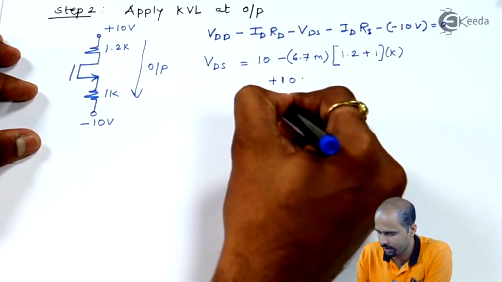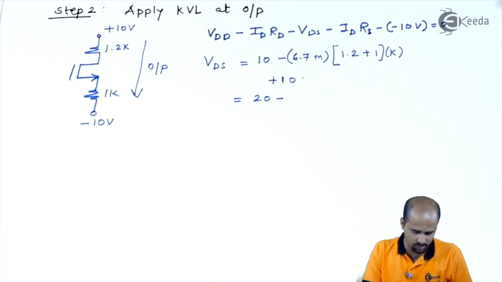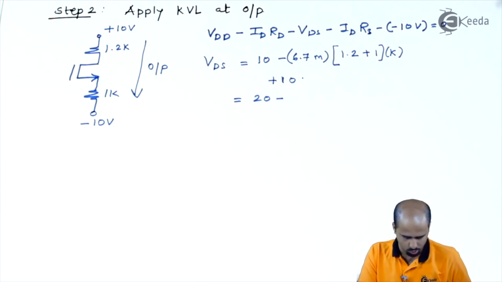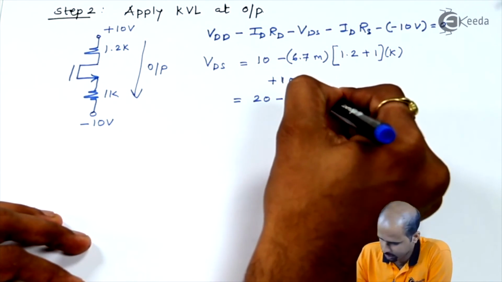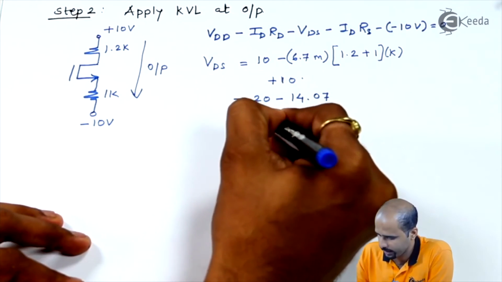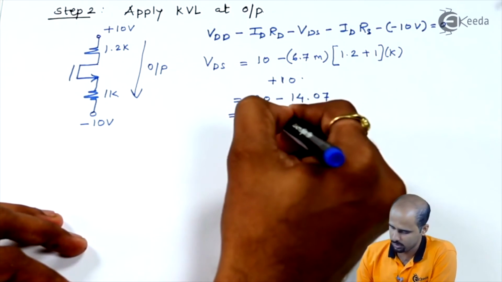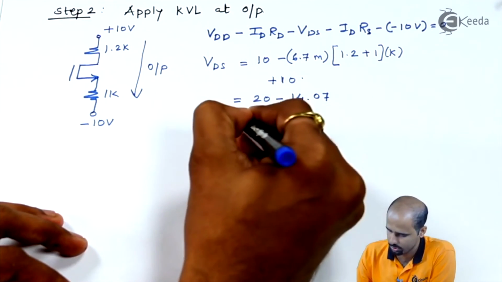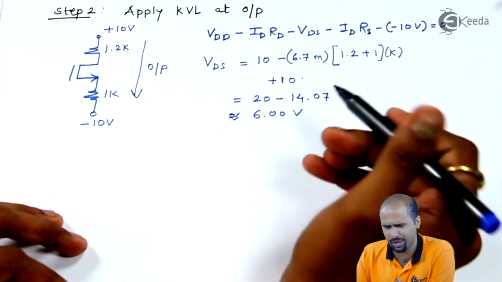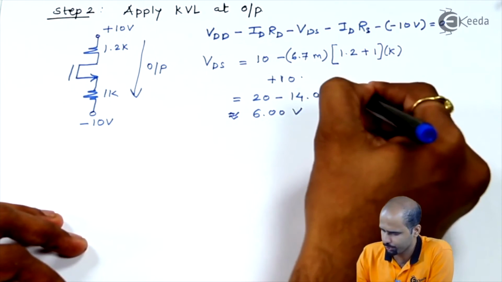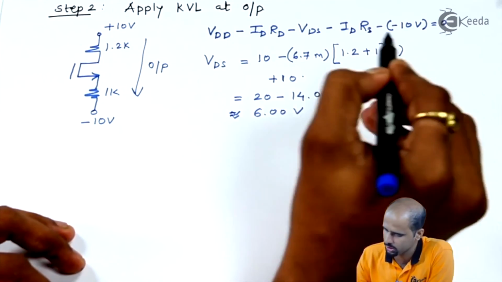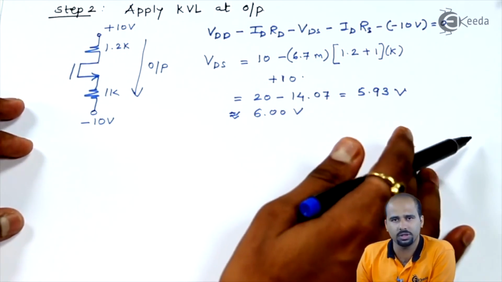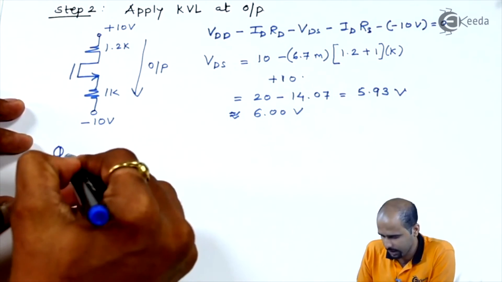So this will be 20 minus 6.7 multiplied by 2.1, that is 14.07. So here we will be getting the value around 6 volts. Okay, 5.93 it will be having. So this is equal to 5.93 volts, which is nothing but 6 volts.